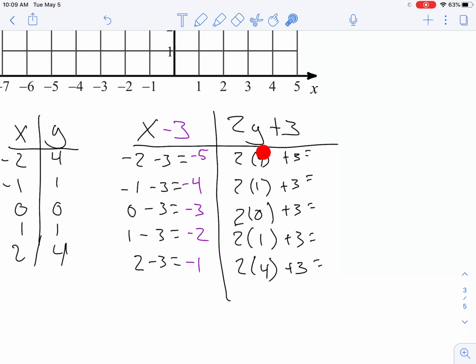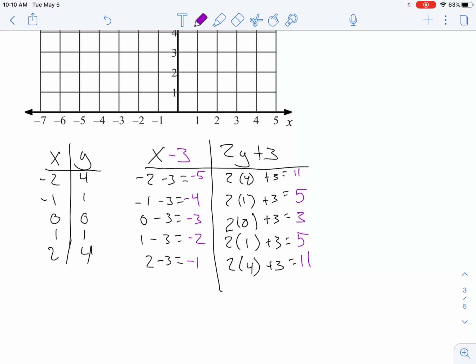We're going to multiply first, and then I'm going to take that value and add 3 to it. So 2 times 4 is 8, plus 3 is 11. 2 times 1 is 2, plus 3 is 5. 2 times 0 is 0, plus 3 is 3. 2 times 1 is 2, plus 3 is 5. And 2 times 4 is 8, plus 3, which is 11.